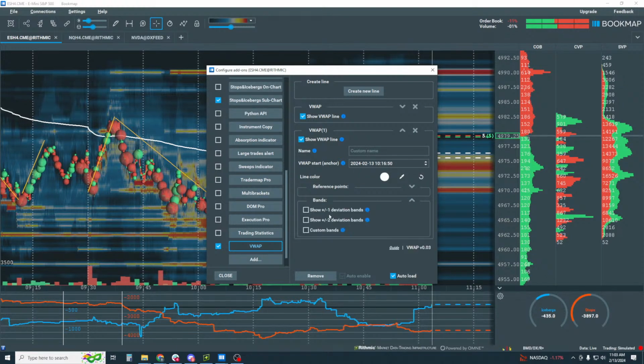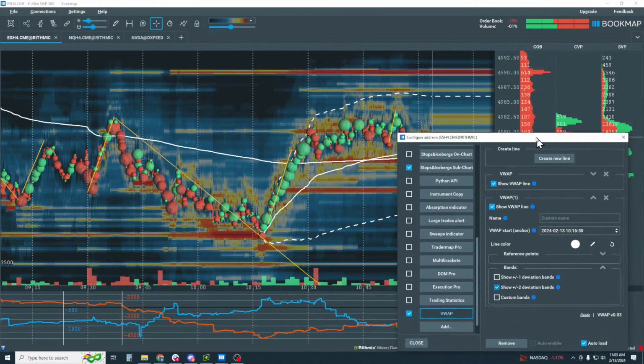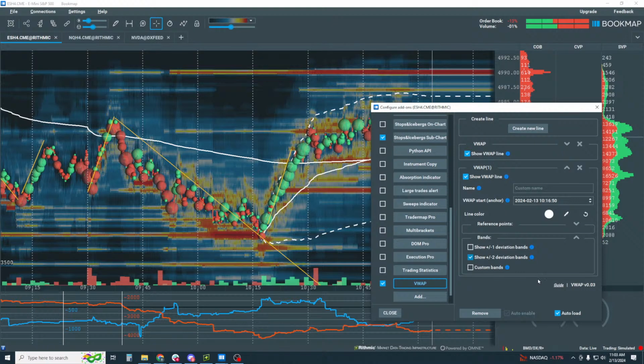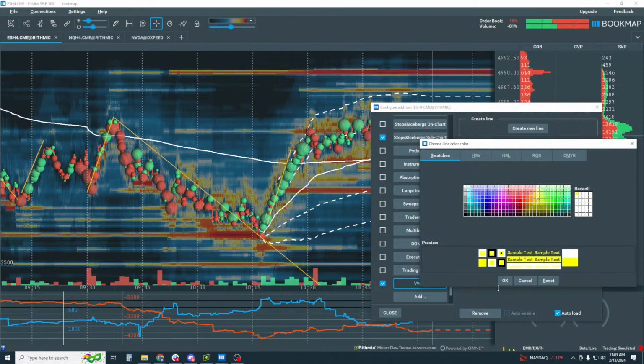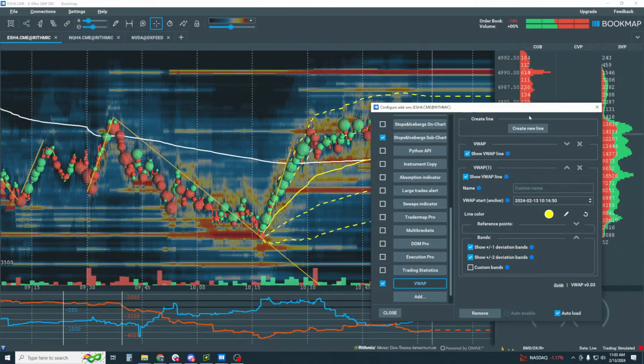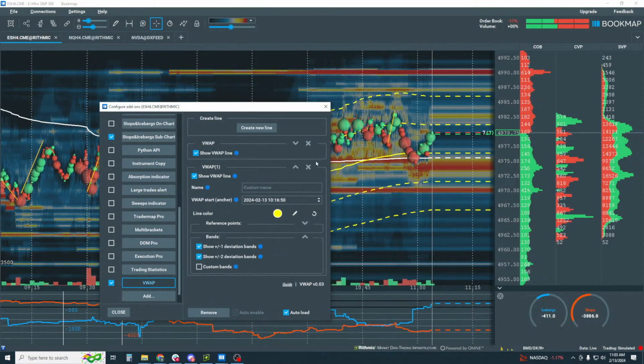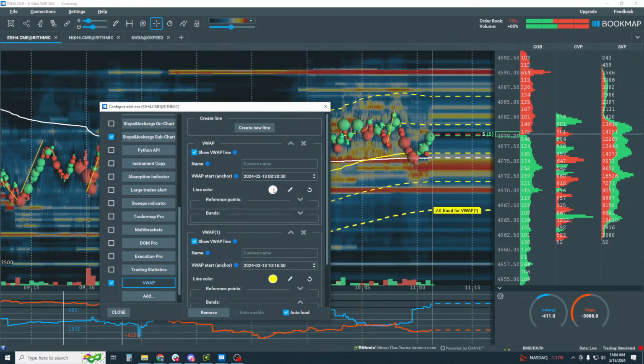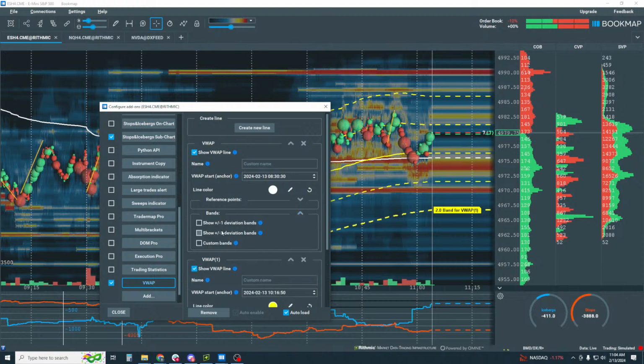You can have your volatility bands in here or standard deviation bands, and this is our second one. So you can see it here, and then let's give it a different color. We'll give that one yellow, right? And then our first one from the CPI data release is up here. We'll keep it white, but we'll put our bands on as well.